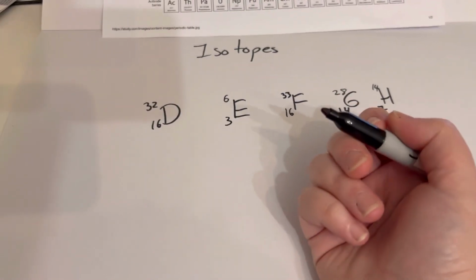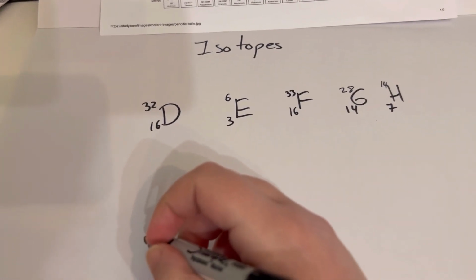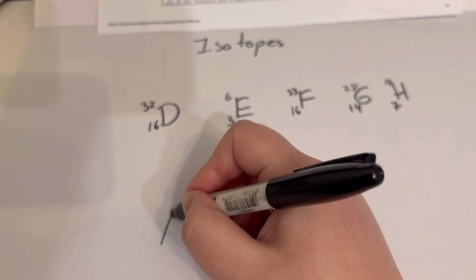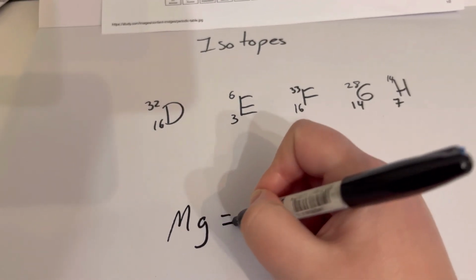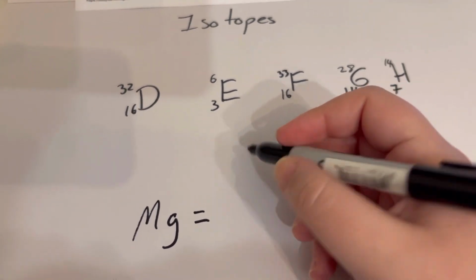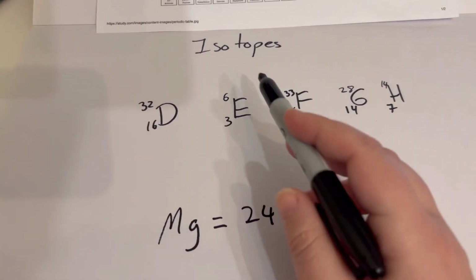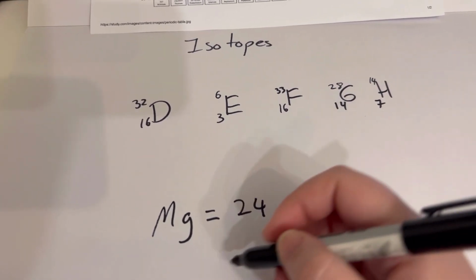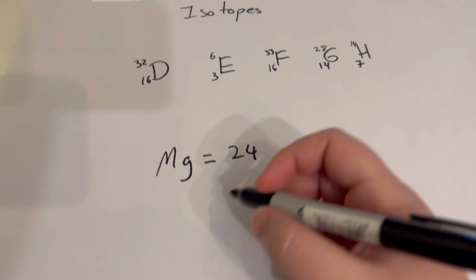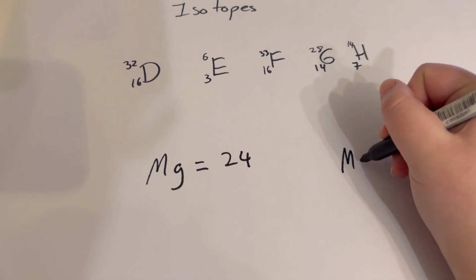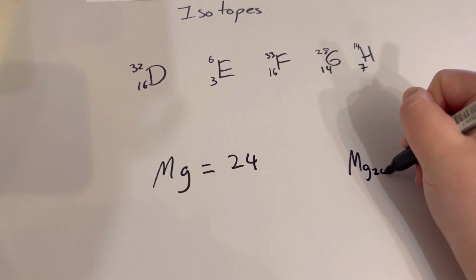Say we have, I don't know, magnesium. The mass for magnesium is 24. Isotopes form when we add a neutron. This here is Mg, and normal magnesium we write as Mg24.